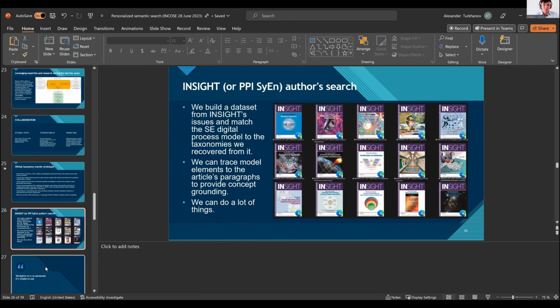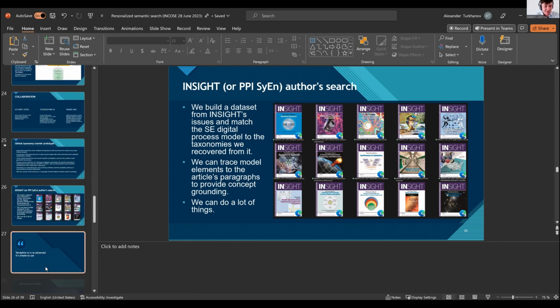But it's just a wild guess I made in the last minute today: we can build, for example, a search to look for skills that INSIGHT or PPI Systems Engineering magazine authors have. It's absolutely the same. The article is just a data set. We can extract it, we can look for it. So that's one option.